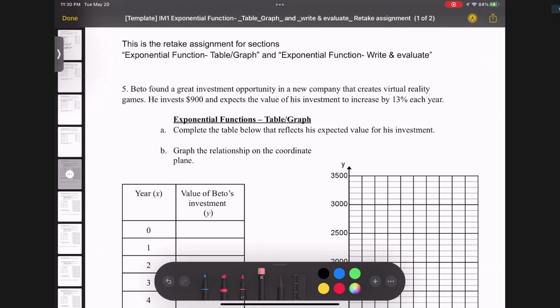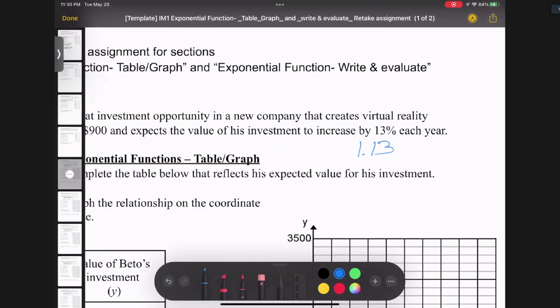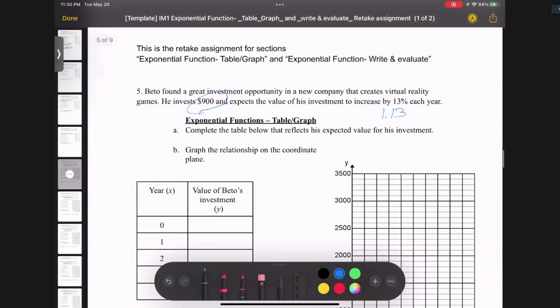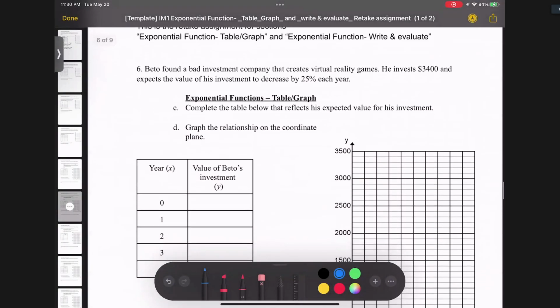So that means you're going to be gaining money. So if you say 13% increase, that should be obvious that it's going up. So the multiplier is going to be 1.13. And what am I starting with? 900. There's your equation right there: y equals 900 times 1.13 to the power of x. And just make sure that you plug it in.